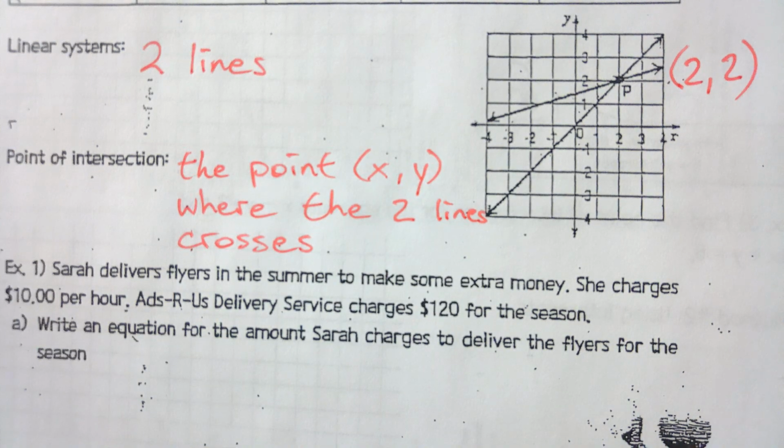Will two lines always have a point of intersection? No. What type of lines won't have? Gavin? Parallel. Parallel lines, right. Parallel lines never cross, so you don't have a point of intersection. Let me ask one more tricky question. What if the two lines are on top of each other? Where is their point of intersection?